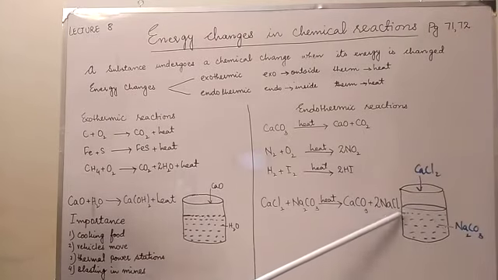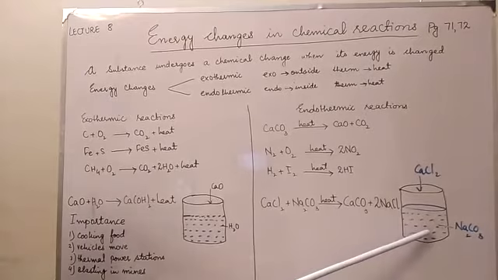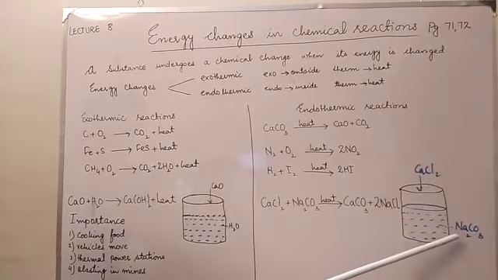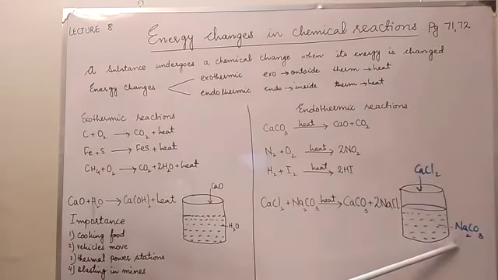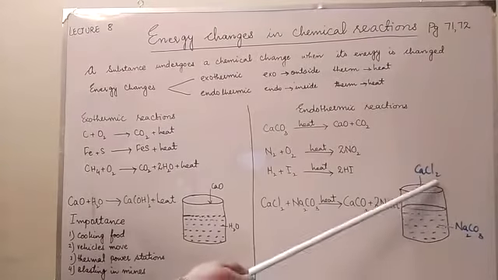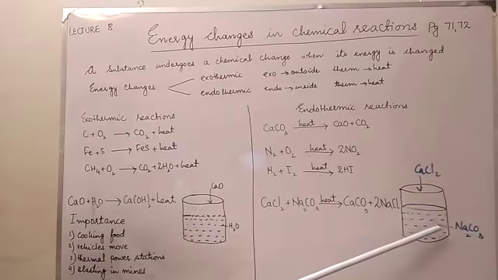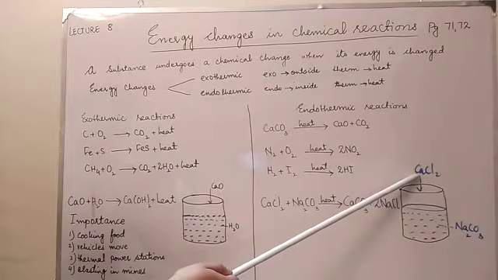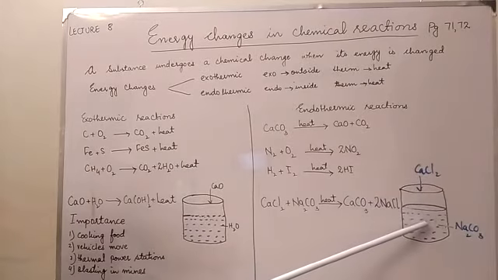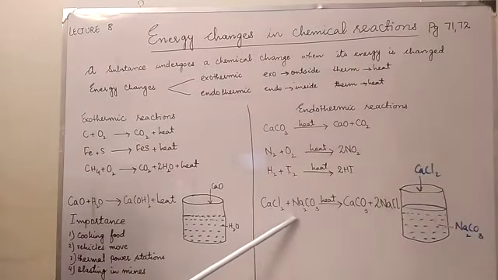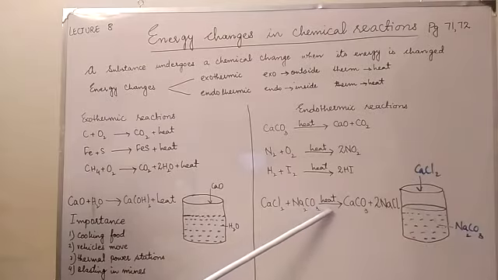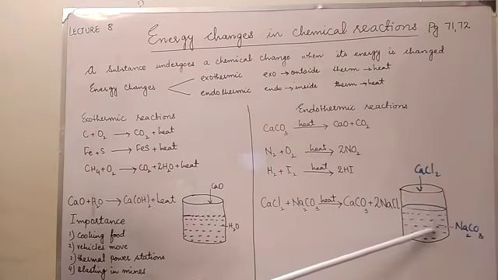We will prove this with the help of an activity. Here in the beaker, sodium carbonate solution is taken, and with the help of a thermometer we'll note down its temperature. After that we'll add calcium chloride in the beaker. So the two reactants on mixing will absorb heat from the system.